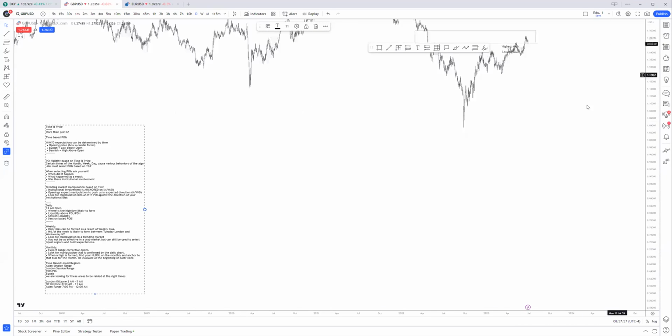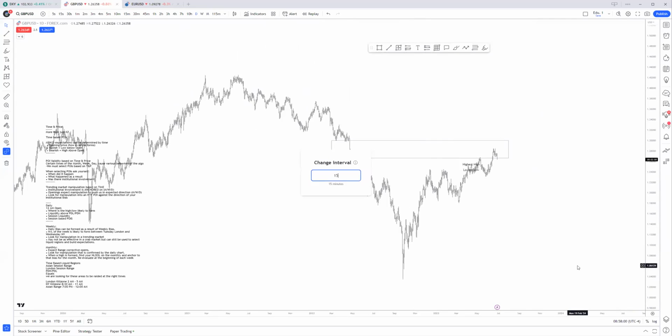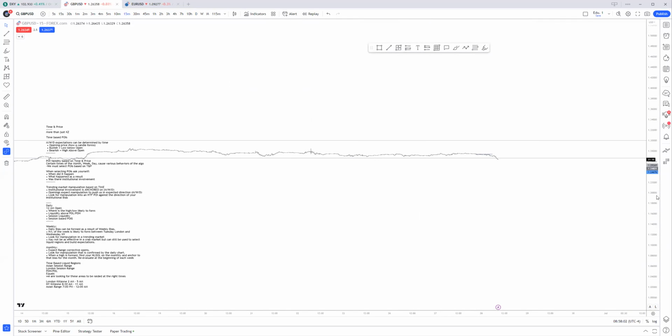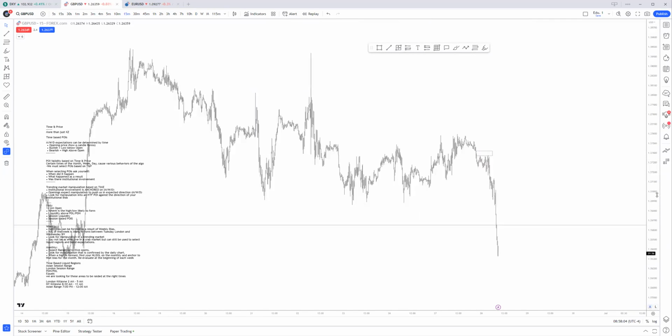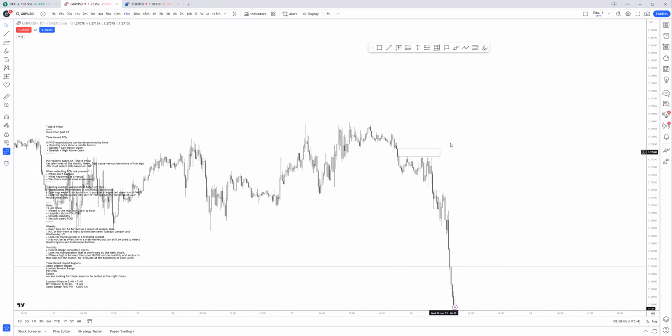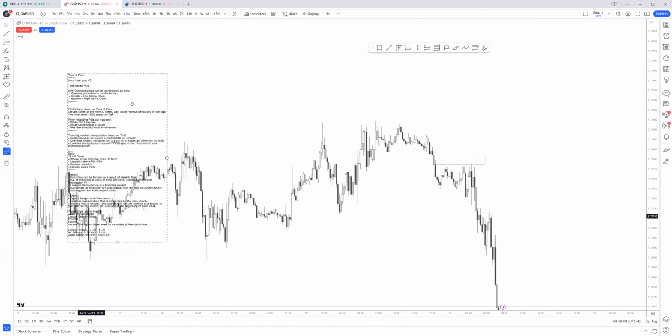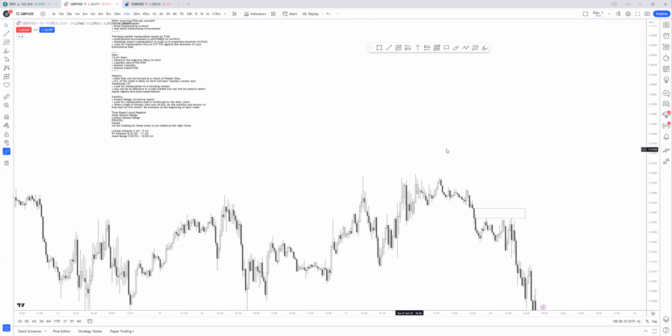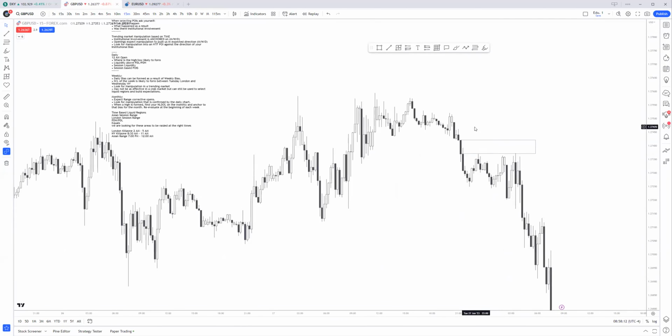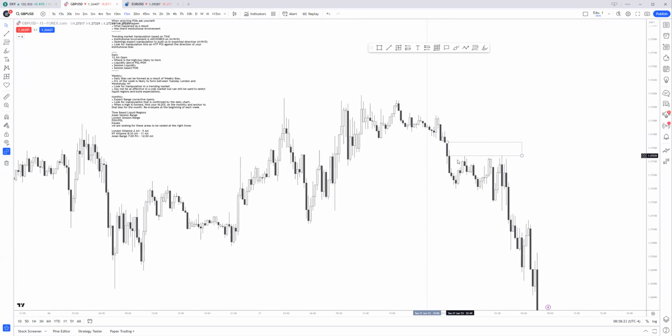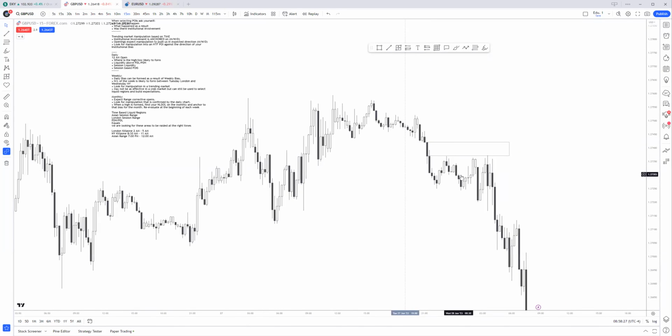So if we zoom in here, 15. Let's look at what is the Asian range. So the Asian range is 7 p.m. to 12 a.m. Okay, so what is 7 p.m.? 17, 18, 19. It's 19, right? So we have 19 all the way up into 12.